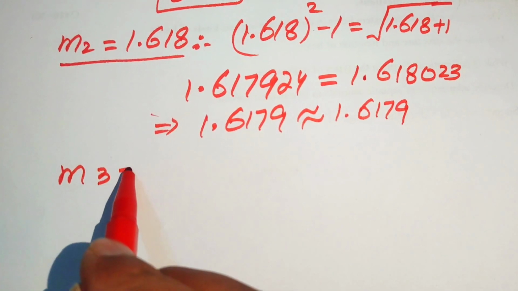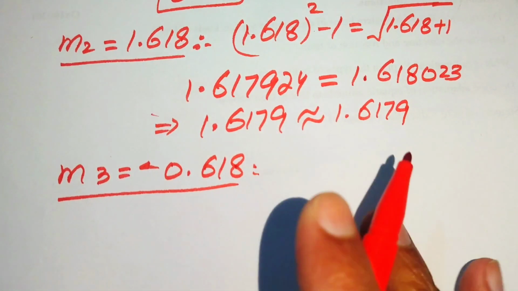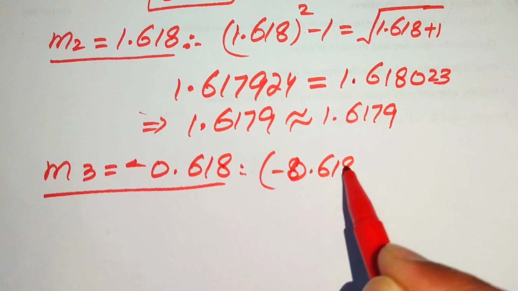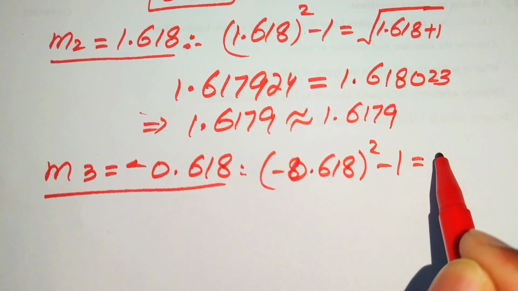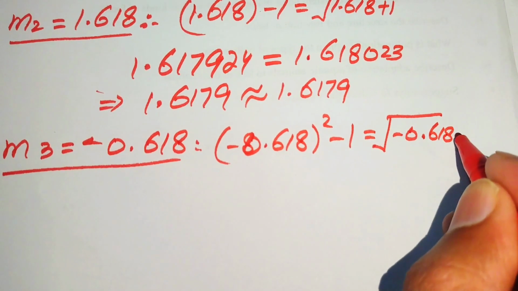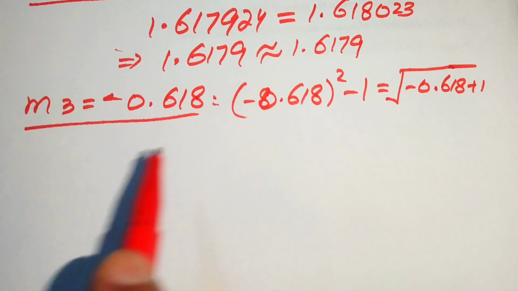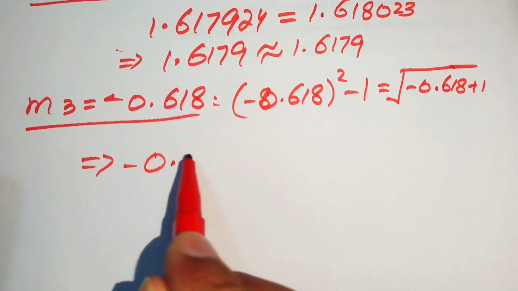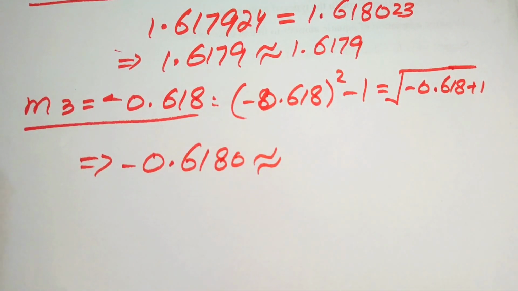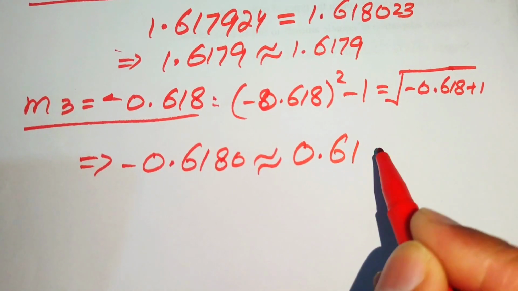Now we move towards our third root, which is minus 0.618. We substitute this on both sides of the given equation: minus 0.618 squared minus 1 equals the square root of minus 0.618 plus 1. When we simplify the left hand side, it becomes minus 0.6180, and we check the approximate value of the right hand side, which is approximately 0.6180.